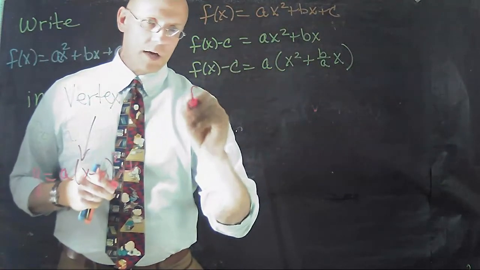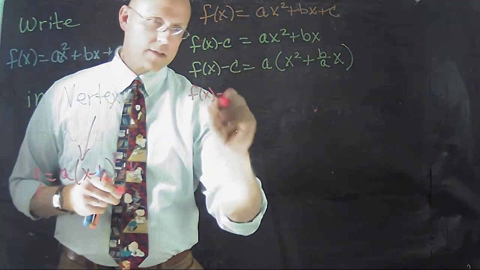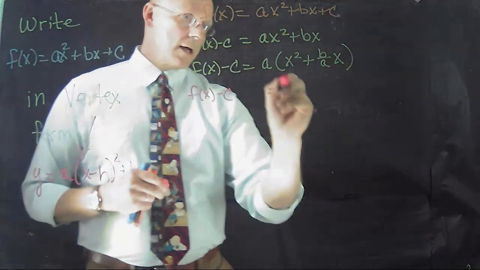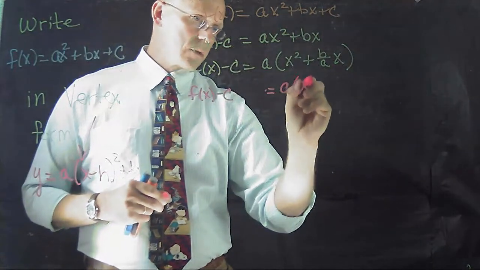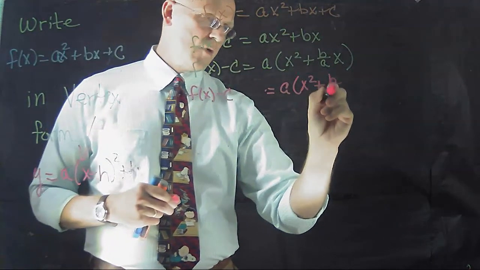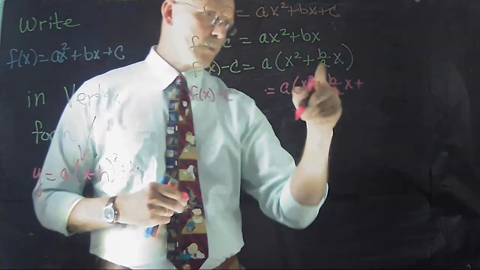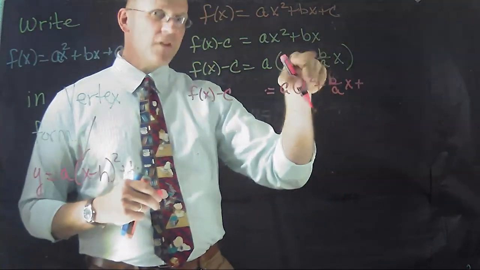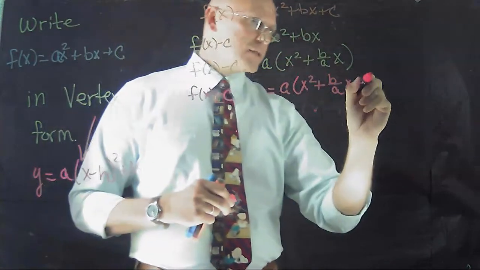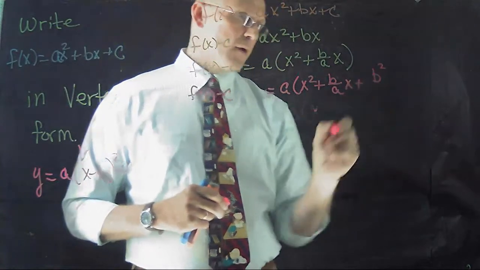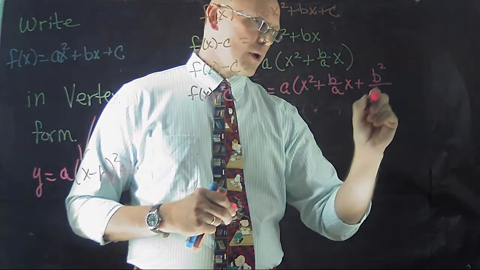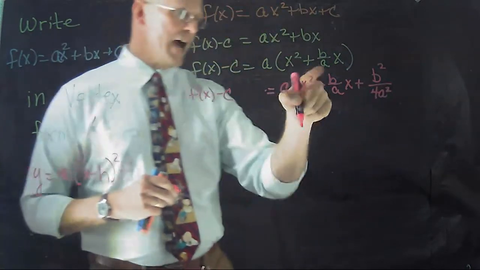So now I'm going to get f of x minus c equals a times x squared plus b over a x plus, remember what we do, we have to take half of this and square it. That is going to be b squared over 4a squared. It's half of this.